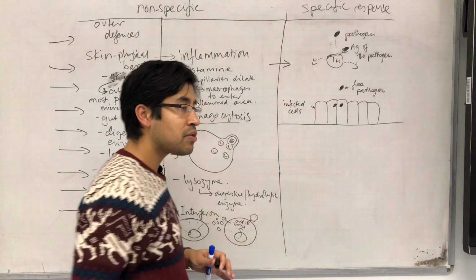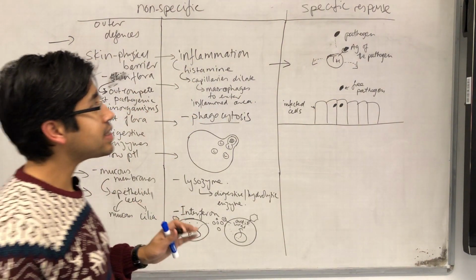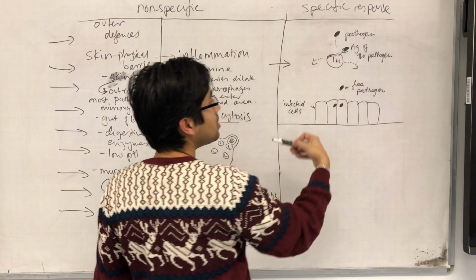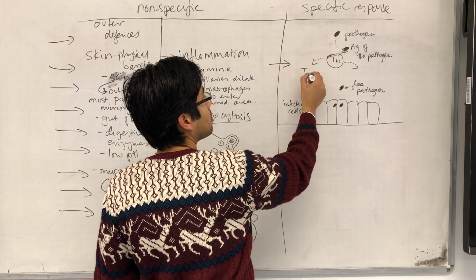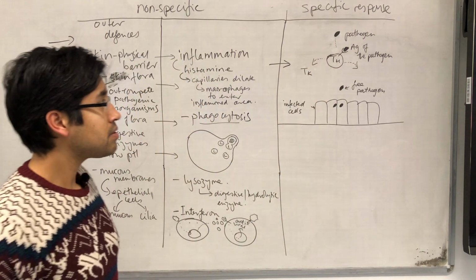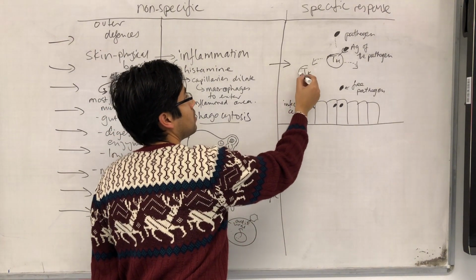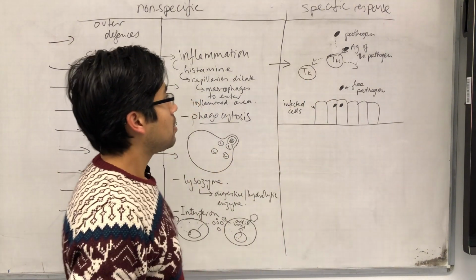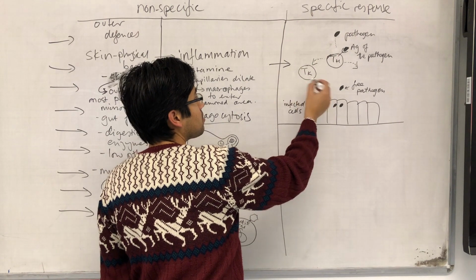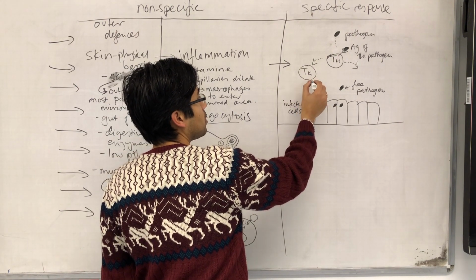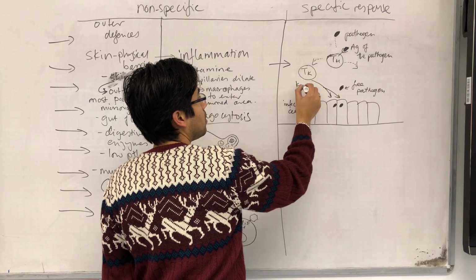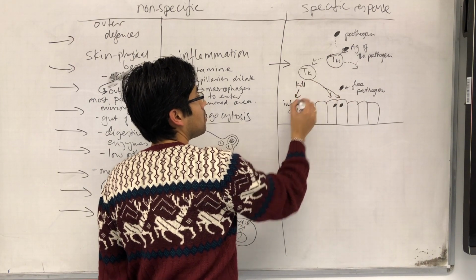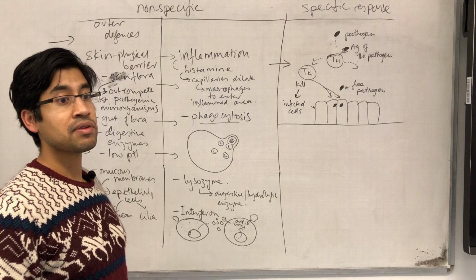And we're going to go later into the detail of this, but basically an activated T helper cell results in the production of T killer cells, and the T killer cells kill infected cells.